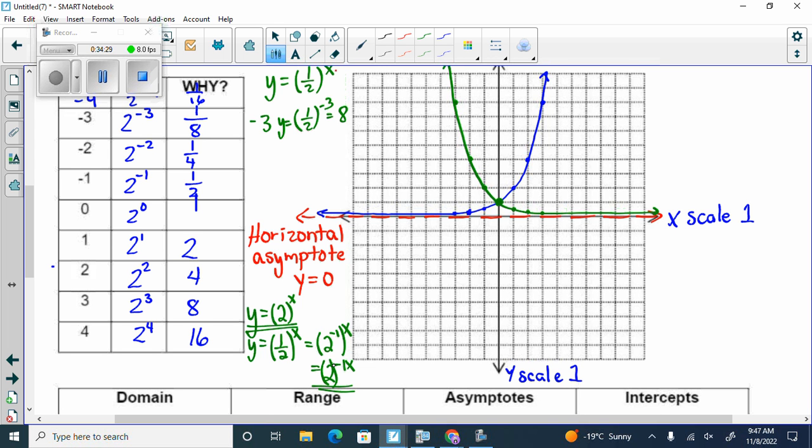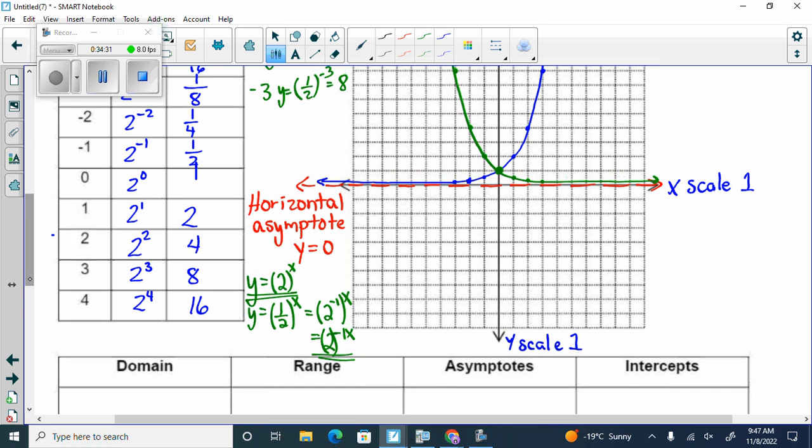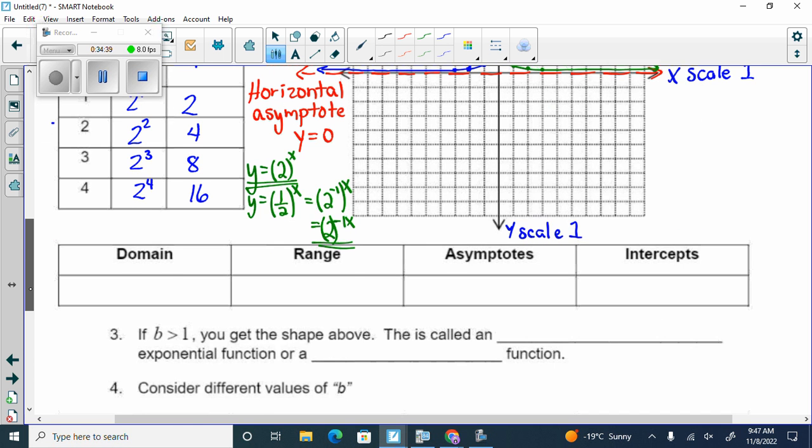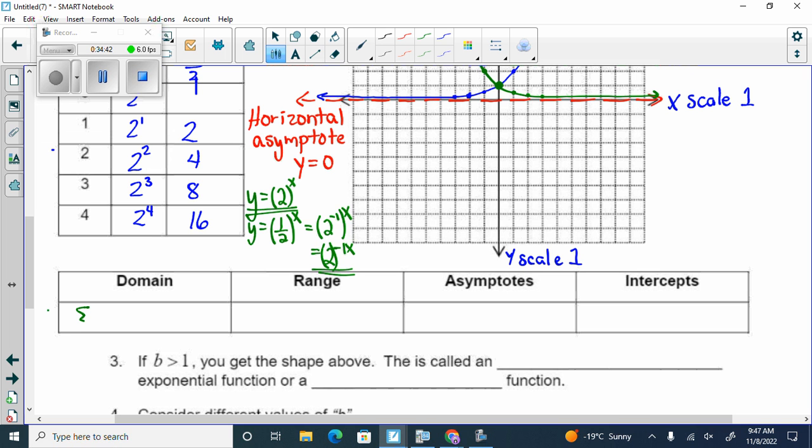Okay? So what's the domain of either of these? The blue or the red? Or blue or green? Yeah. x is an element of the reals. So x such that x is an element of the reals in set notation. In interval notation, negative infinity to positive infinity.